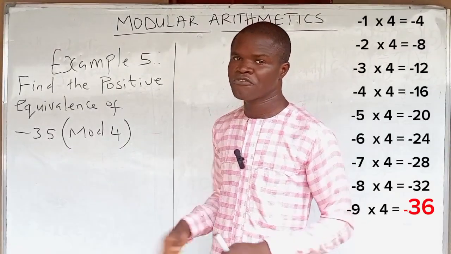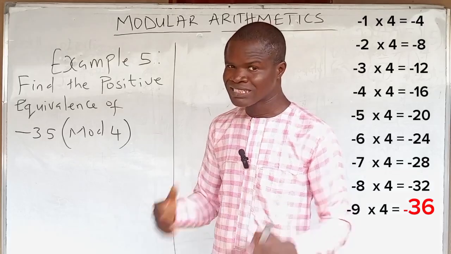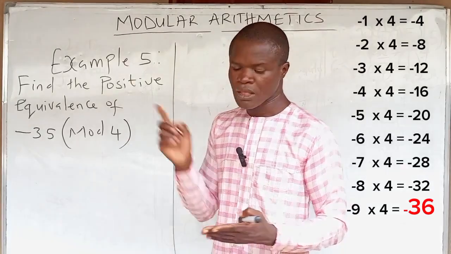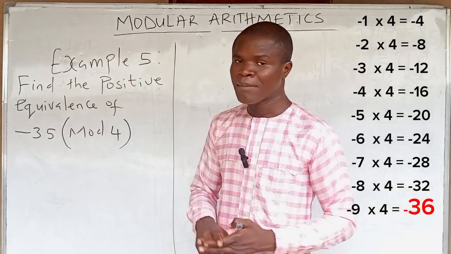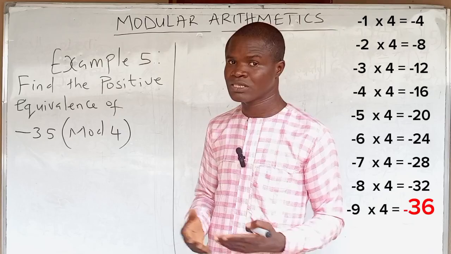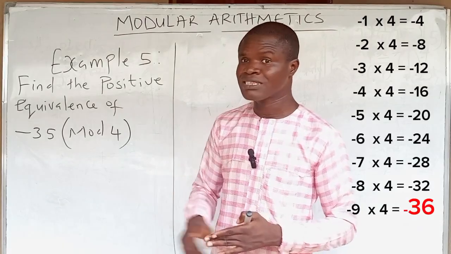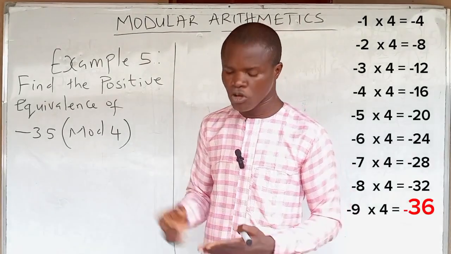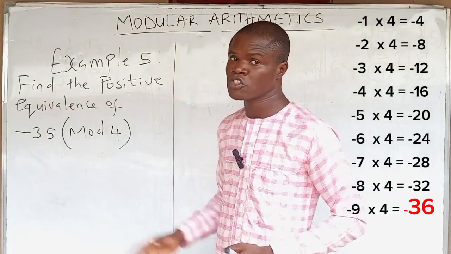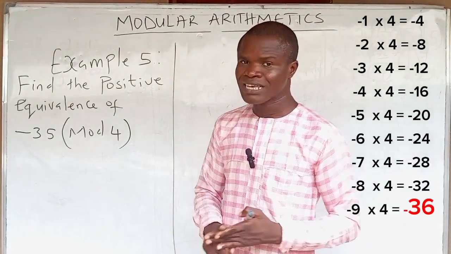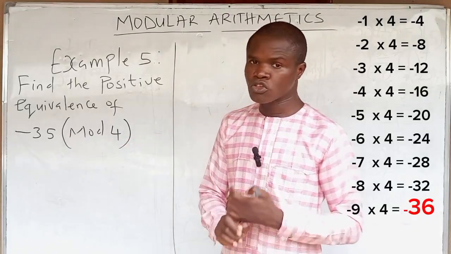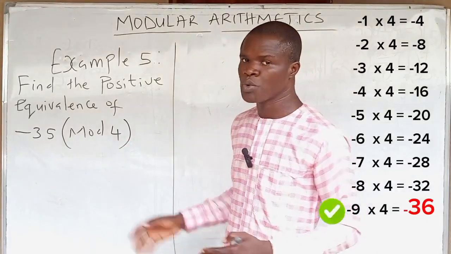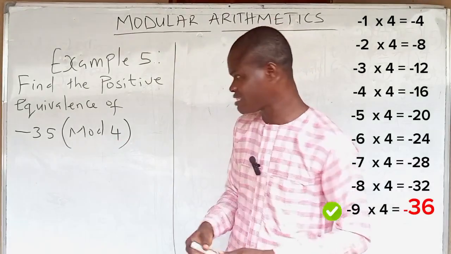Minus 2 times 4 will give us minus 8. Minus 3 times 4 will give us minus 12. Minus 4 times 4 will give us minus 16. Minus 5 times 4 will give us minus 20. So we'll keep testing. Minus 6 times 4 will give us minus 24. Minus 7 times 4 will give us minus 28. Minus 8 times 4 will give us minus 32. Not yet there.